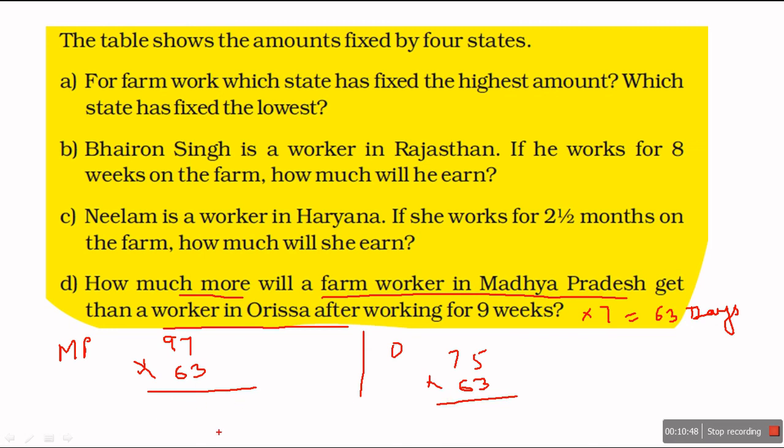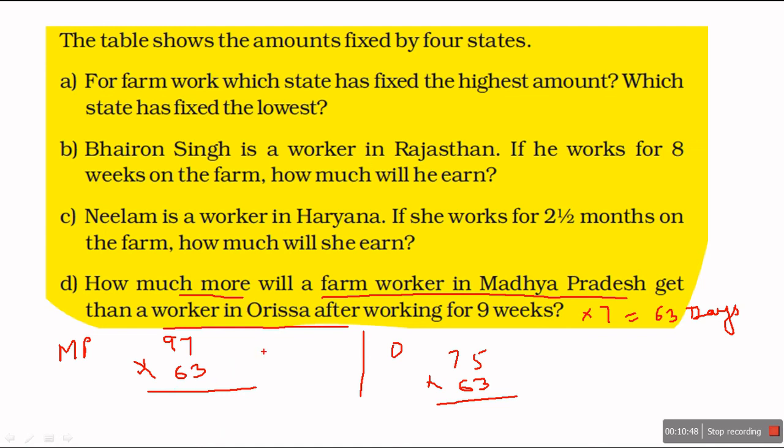So now multiply this and see the answers for MP and Orissa. See which is higher and how much more that worker is getting. So write to me in the comment box in which state they are getting higher. Madhya Pradesh, because one day's salary is more in Madhya Pradesh, so the 9 weeks' salary will be more in Madhya Pradesh.